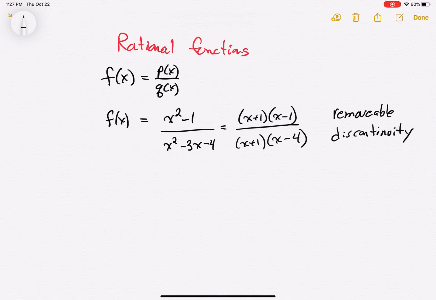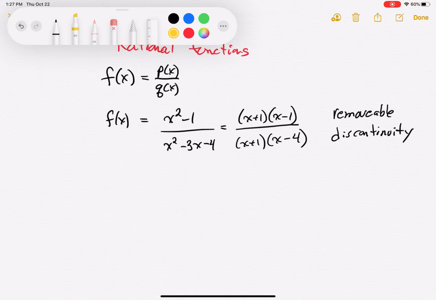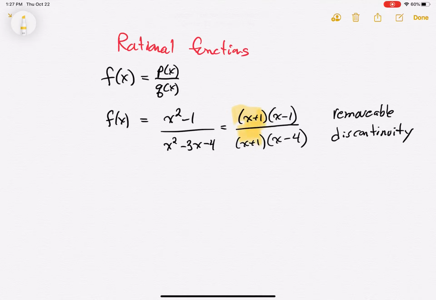And what that means is that we're going to be able to take out this factor from our consideration when we look at what the graph is going to look like and how it's going to behave. But we have to make sure that this number, where x is equal to minus 1, is not going to be in our domain.